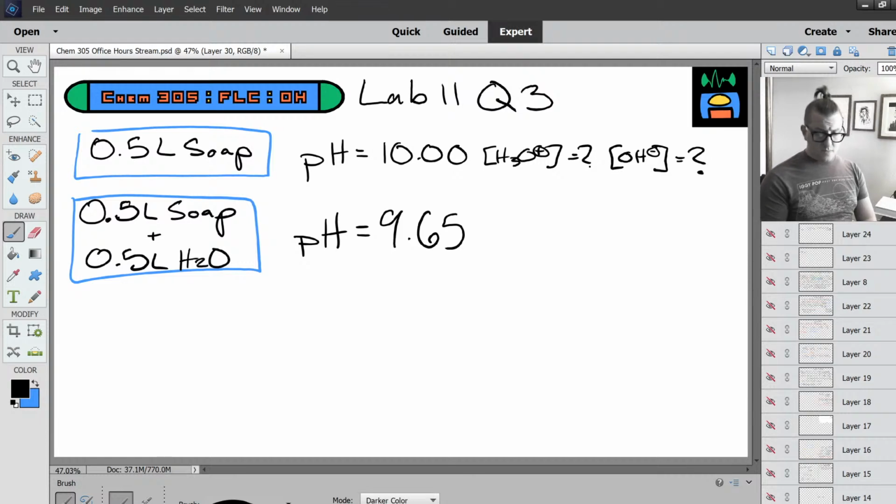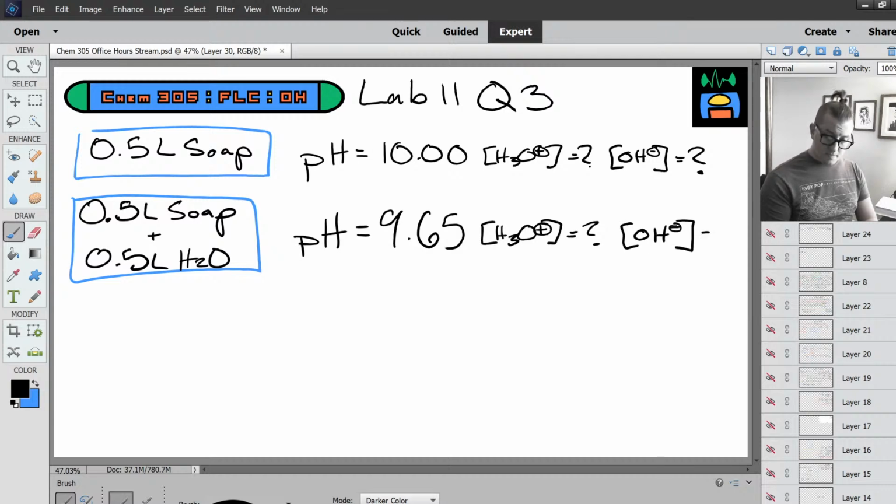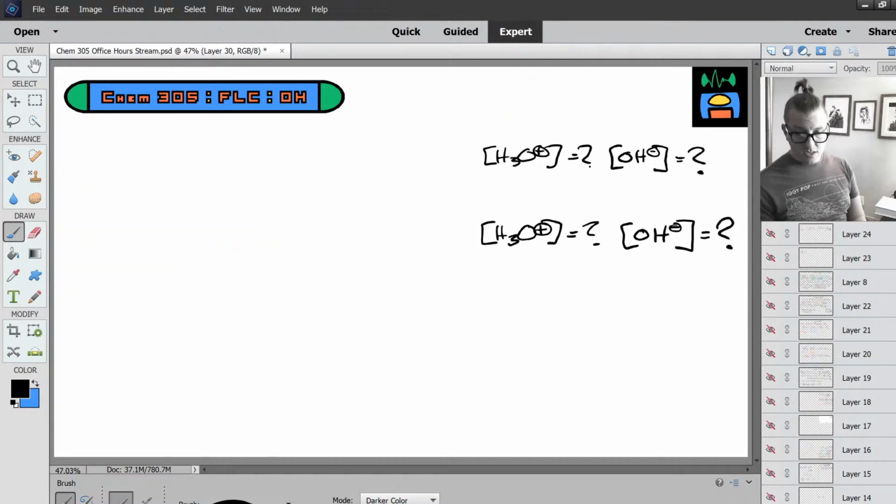All right. Now, to solve these problems, we're going to have to use our properties of logarithms again, just like we did before.